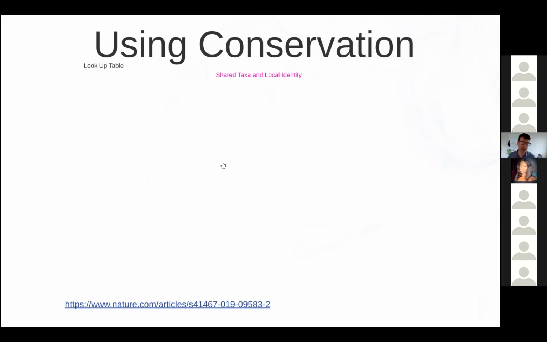Can we use conservation to ask which of these variants may be the cause of their disease, without any other knowledge? And by the way, that approach I put up in the top left corner here, the phrase lookup table, is one of the big efforts that WashU and other schools are undertaking, right?